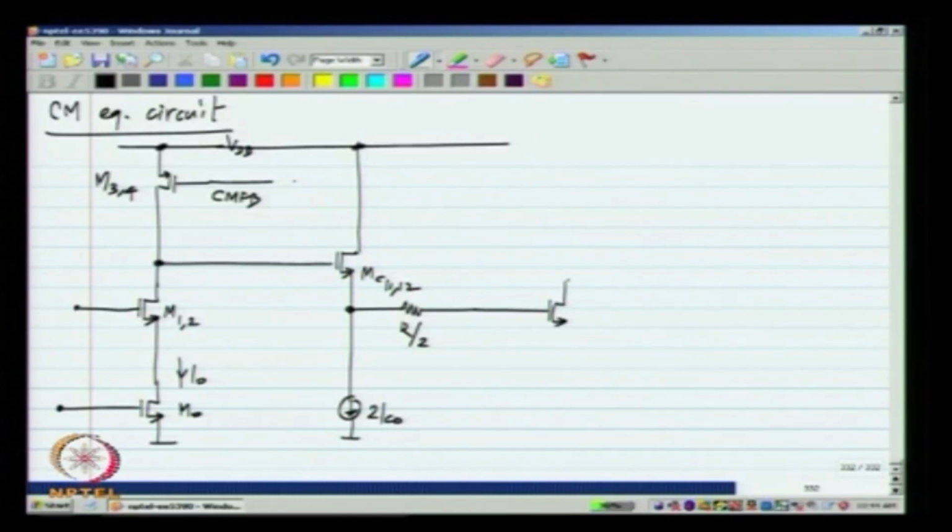And this part of the circuit, I will use the same color as before.